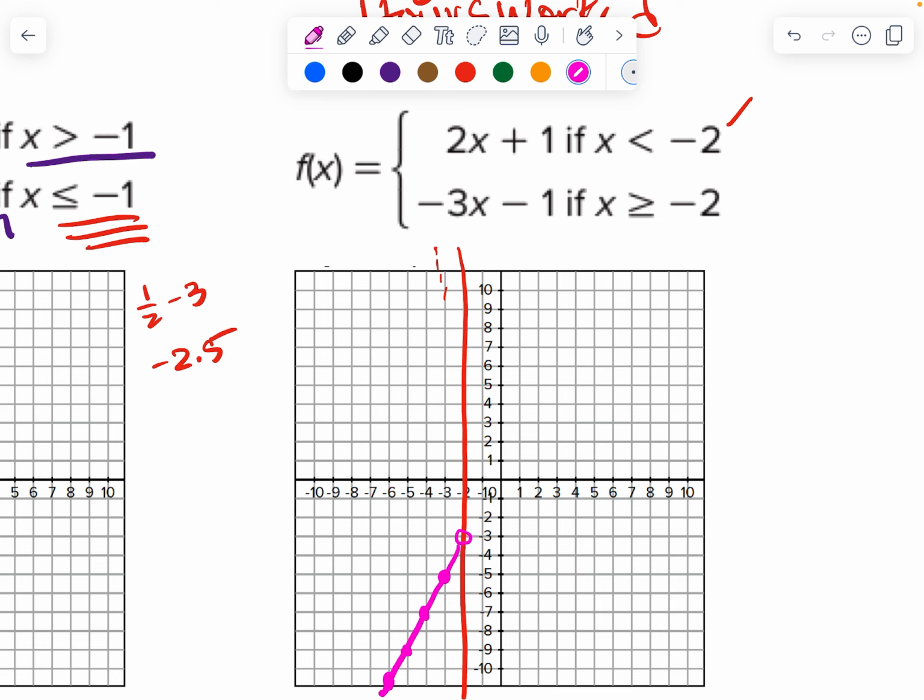So it's this right here. And then this part right here, -1. So this is down 1, 2, 3 over 1. And there we go.